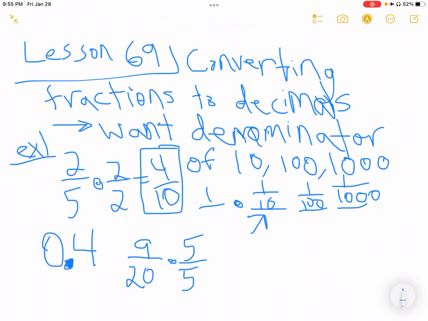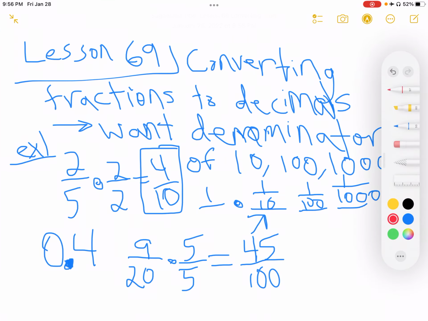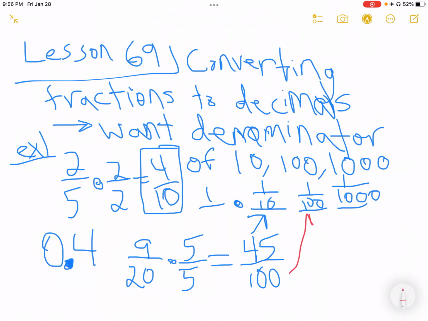Nothing complicated with multiplying. I'll just point out that you don't ever want to cross reduce in this case, because if you cross reduce, you won't get a denominator of 100. So 9 times 5 is 45, and the denominator is 100. This corresponds to your second decimal place, so you'd write this as 0.45.